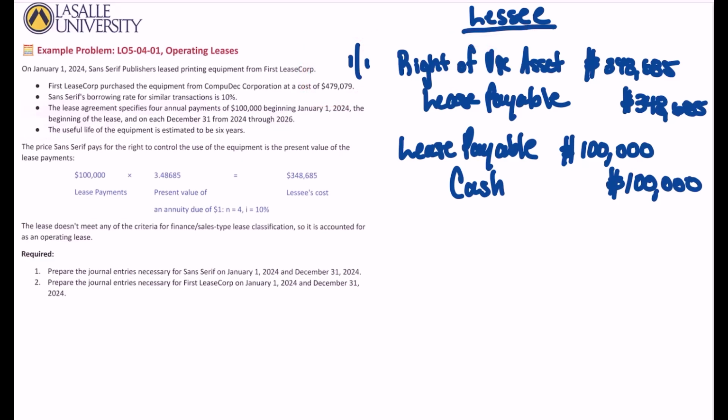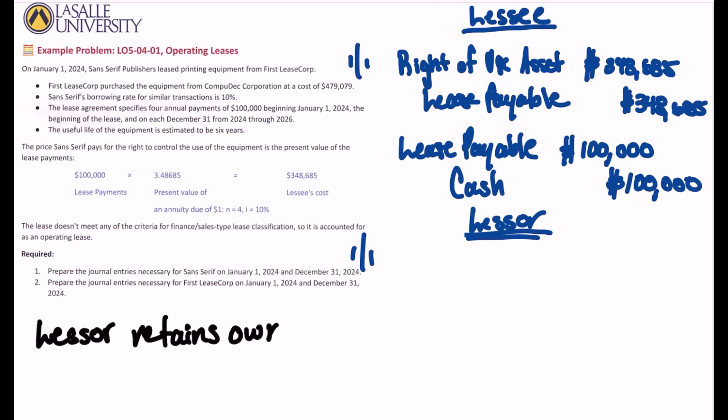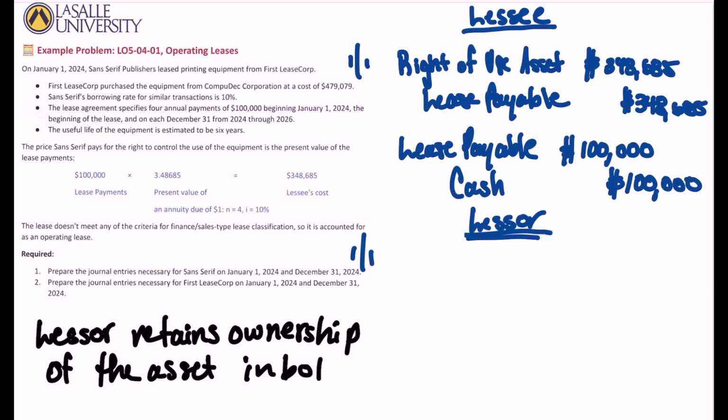What does this look like for the lessor? So let's look at the lessor. And we're going to look at January 1st as well. All right. Well, in this arrangement, we said previously the lessor retains ownership of the asset in both form and substance when we have an operating lease.